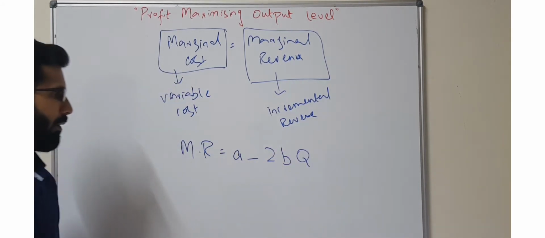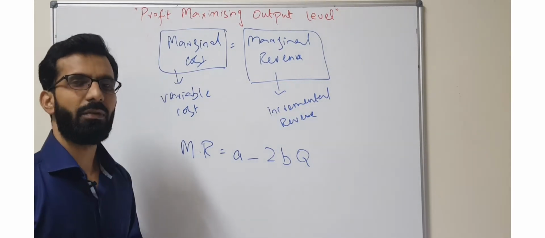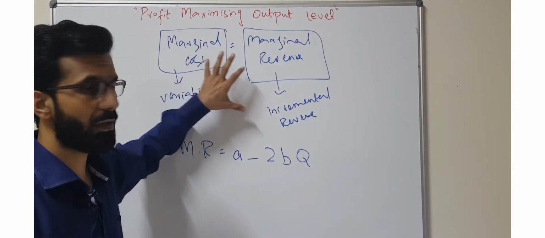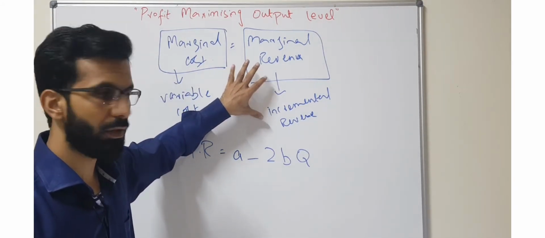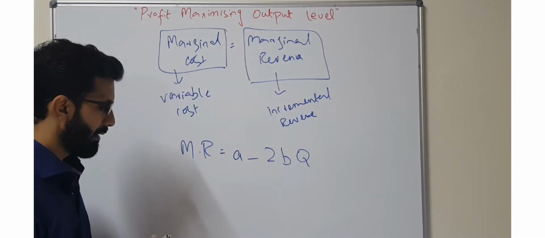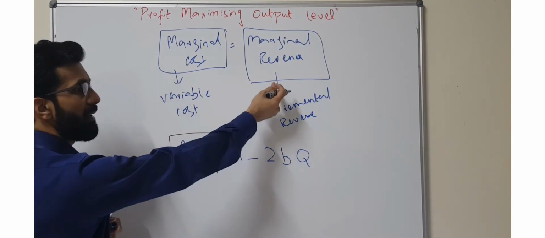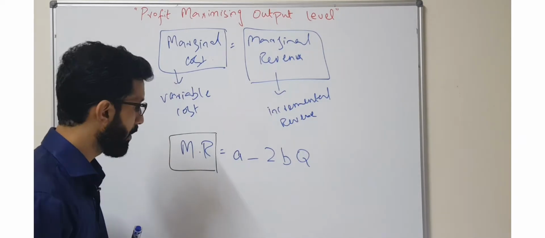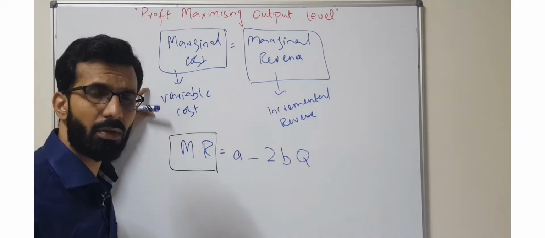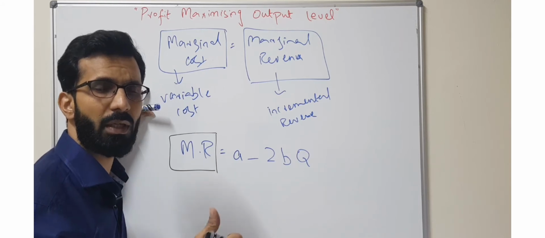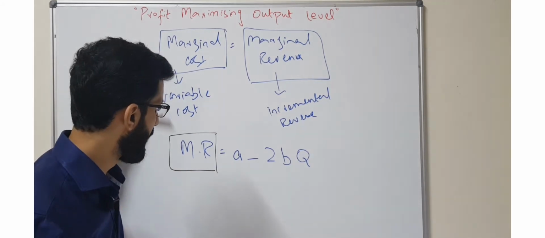Now, as we said, profit will be maximized at the point when marginal cost is equal to marginal revenue. Marginal cost or variable cost is something that can be traced for one unit, because we are going to assume that variable cost will remain constant for each unit.